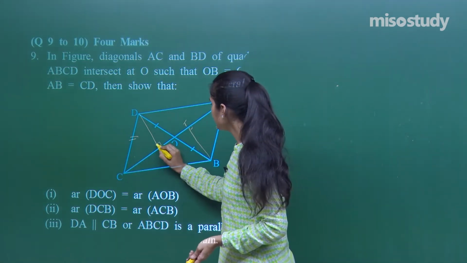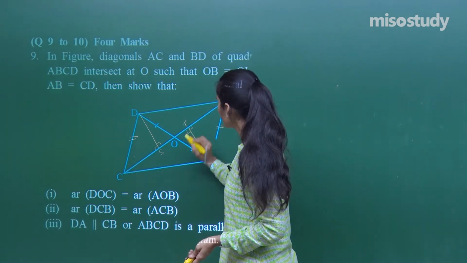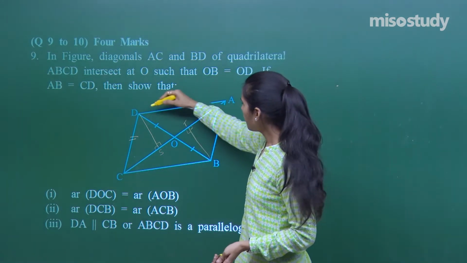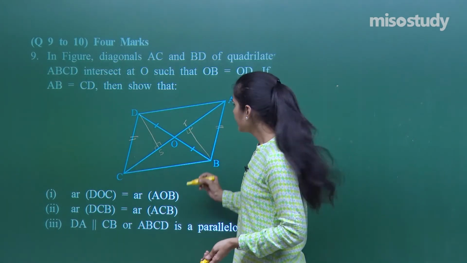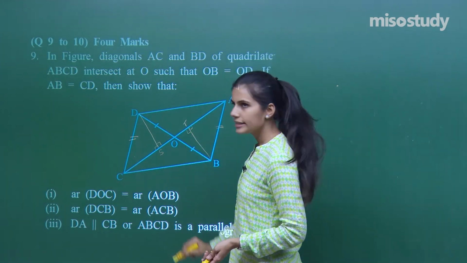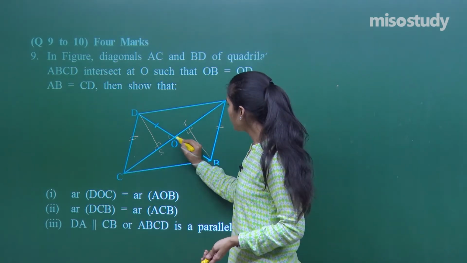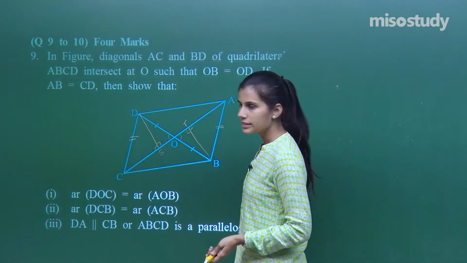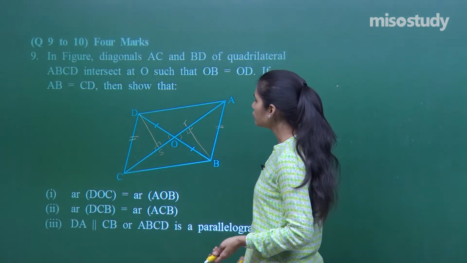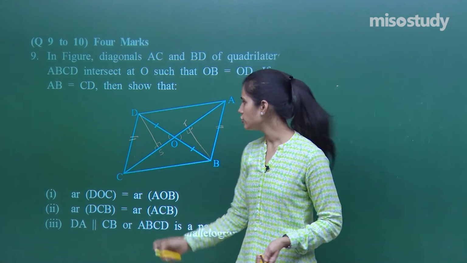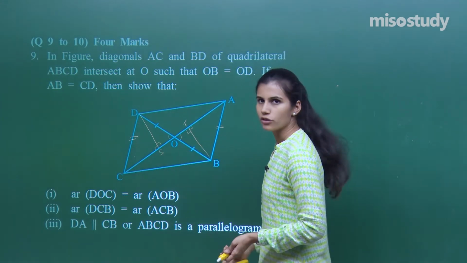If here it is 90 degrees, even this is 90 degrees and this is also 90 degrees. Focus upon the triangles DOS and BOT. Clearly you can see one angle is 90 degrees each. These two are equal because they are vertically opposite angles, and you have DO same as BO because it is given to you. So by AAS congruence condition, these two triangles come out to be congruent.